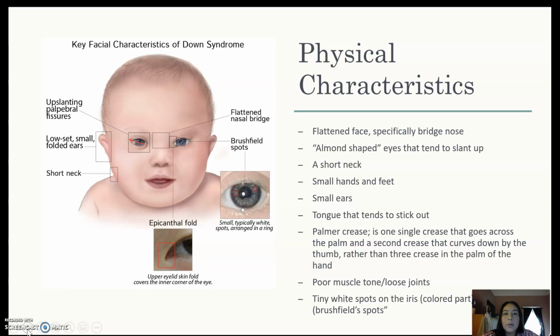Also poor muscle tone, loose joints, and tiny white spots around the iris, which is the colored part of our eye, known as Brushfield spots.